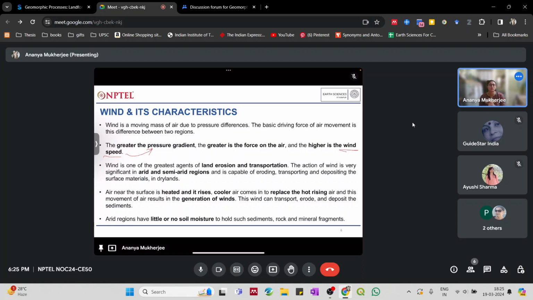We have seen that fluvial geomorphic features are more abundant on the earth, but wind has more capacity of erosion and transportation.